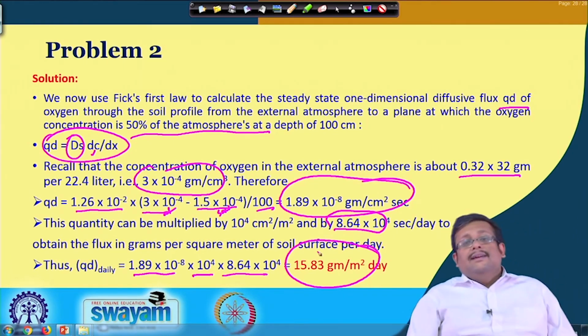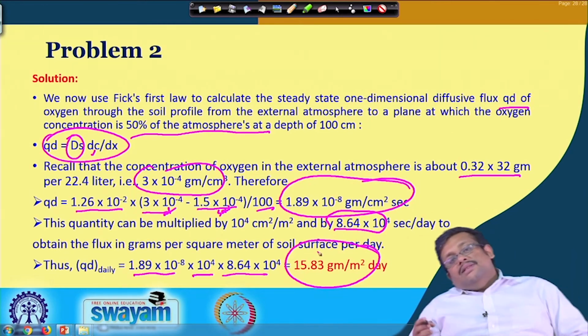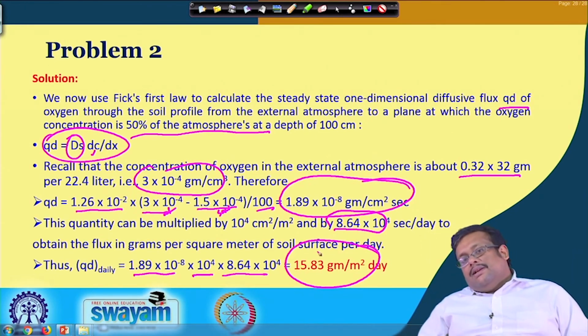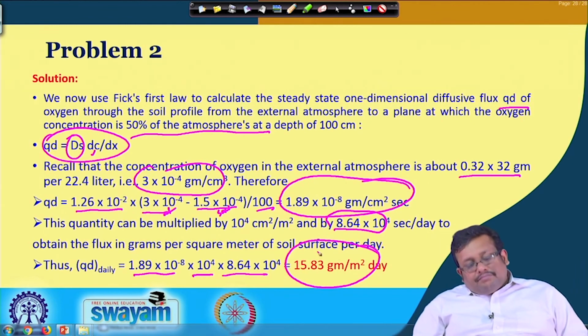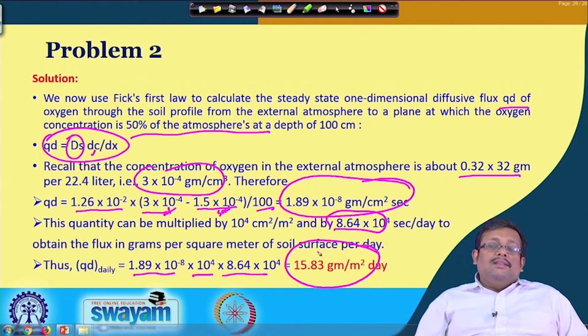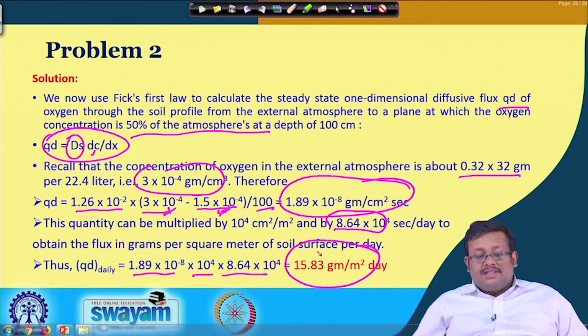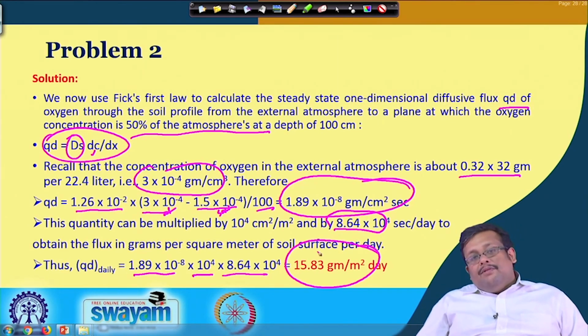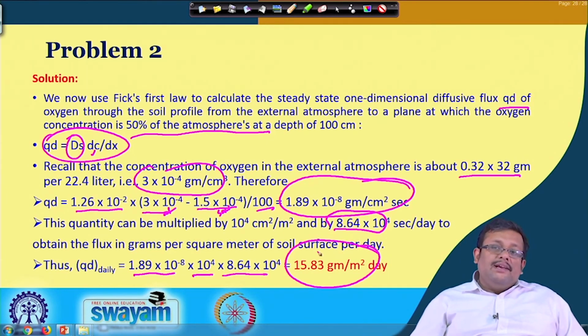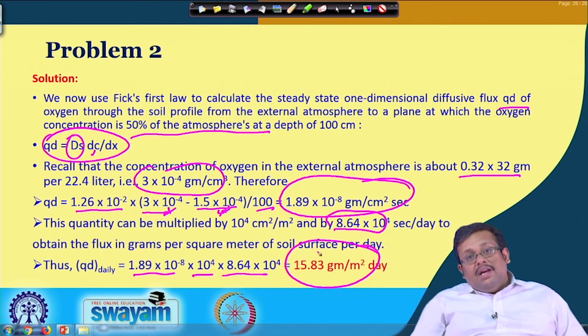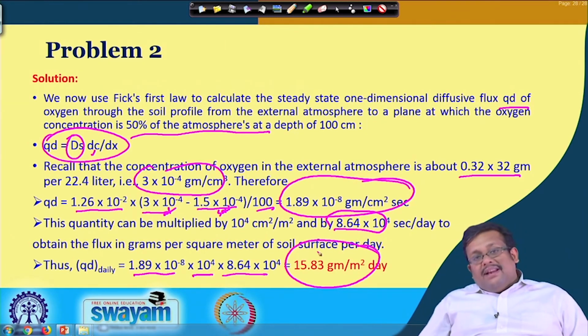Basically in this solution we first use the Penman's equation to calculate Ds, and using the Ds we calculate the diffusion flux QD using Fick's law. Remember that here we also have to calculate the concentration gradient, which can be calculated by subtracting the final concentration of oxygen from the initial concentration.